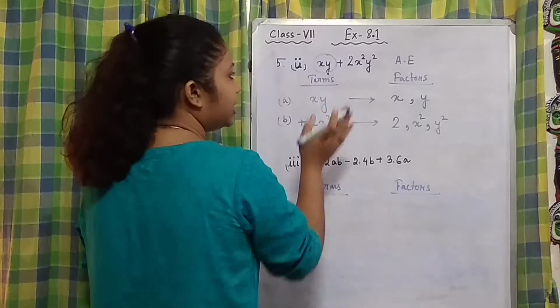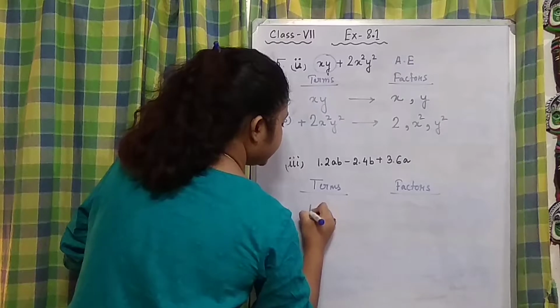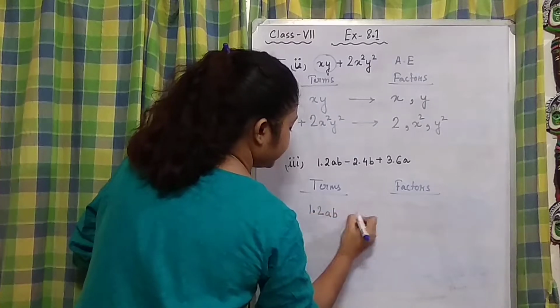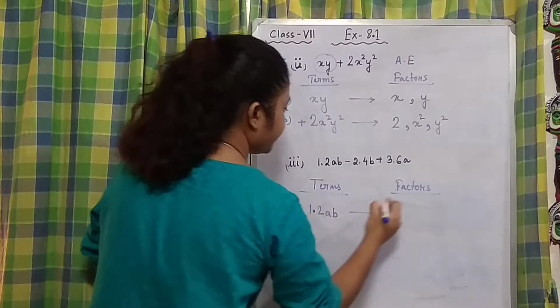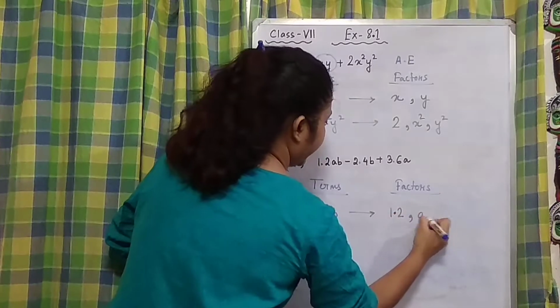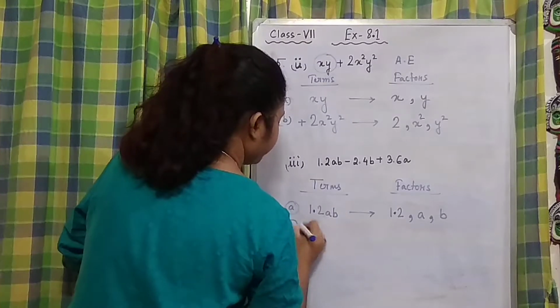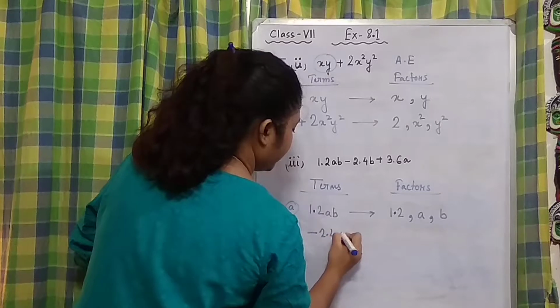Okay. Similarly, we are going to solve the second one where the first term is 1.2 ab. And from here, what factors are we going to get? 1.2, comma, a, comma, b. Okay. Number b, here, minus 2.4 b.